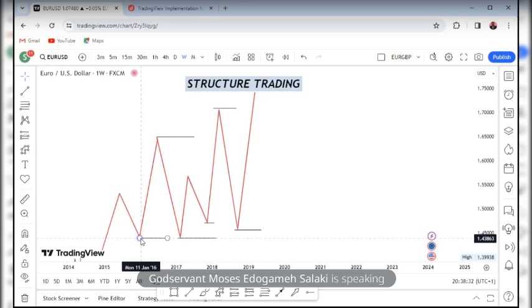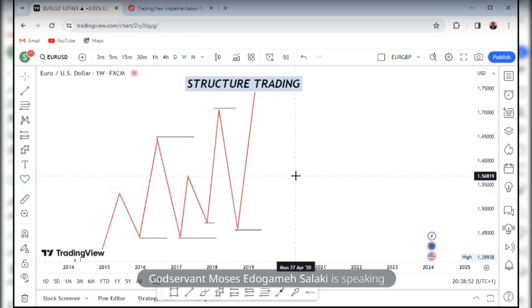So you want to be careful when price is approaching your zone. You do not want to just jump in on the trade. No, you want to be careful. Allow the model to show itself before you engage your trades. That's structured trading.